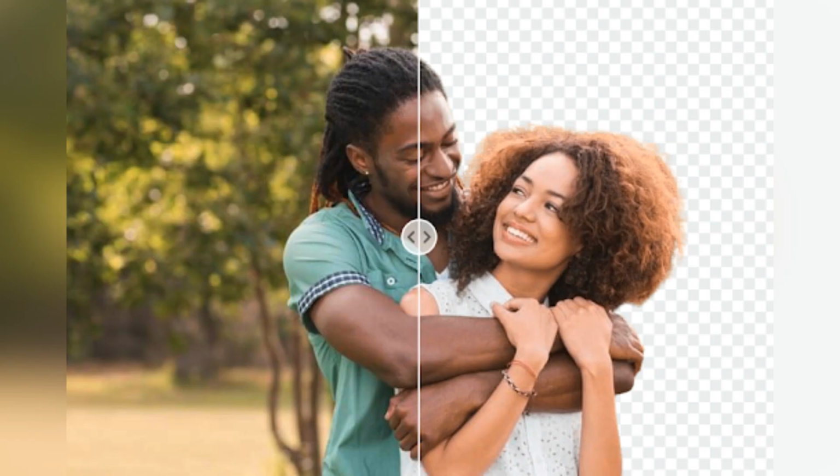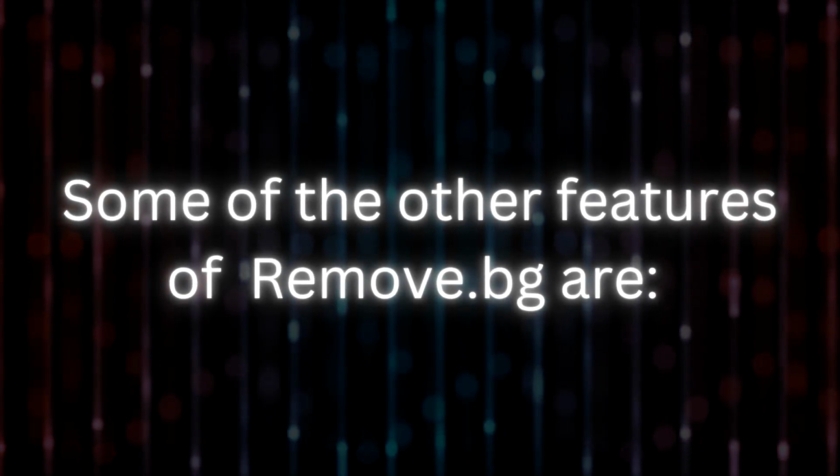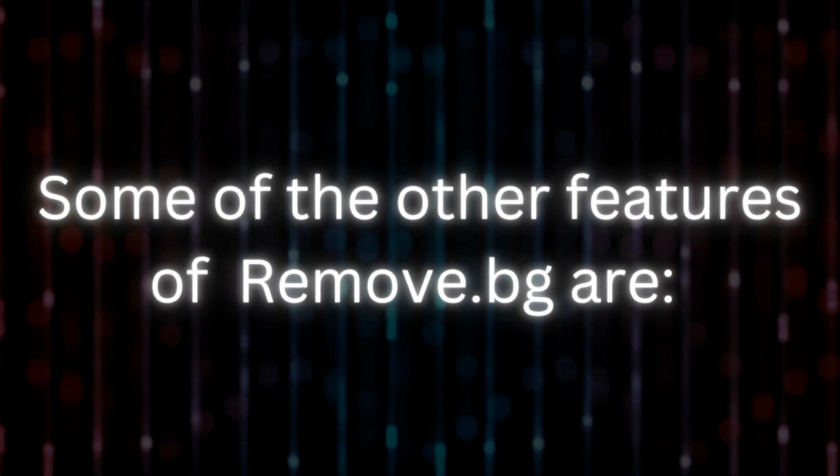All you have to do is upload your image, and the tool will do the rest. After the results are generated, you can either download them or do some minor touch-ups to make them perfect, which is usually not necessary.